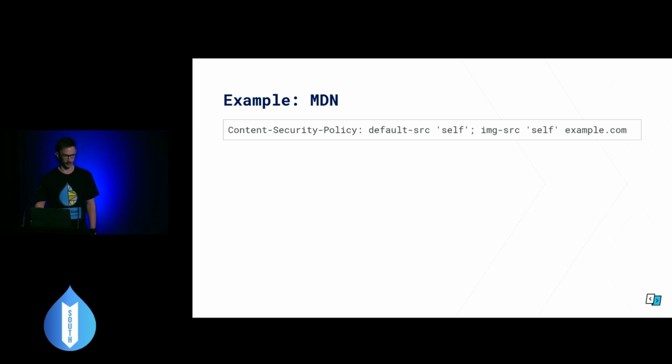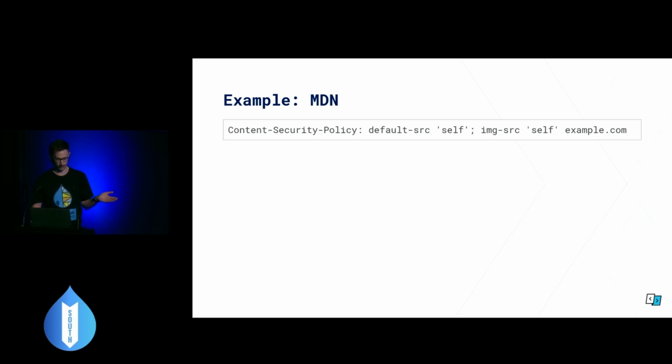So let's have a look at an example. MDN, Mozilla Developer Network, has a lot of great documentation on CSP. If you want to, you could just read that top to bottom, and then you don't have to be here today. But I'll try and summarize it instead. This is the first example that they give. It's very straightforward, very basic.